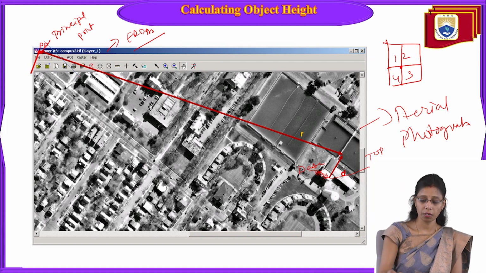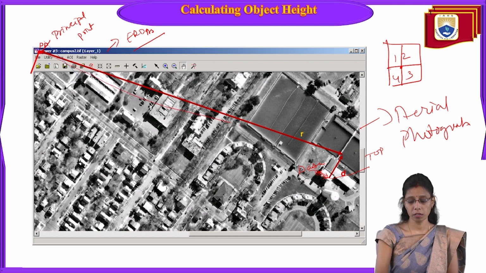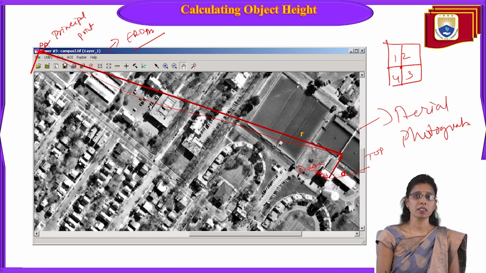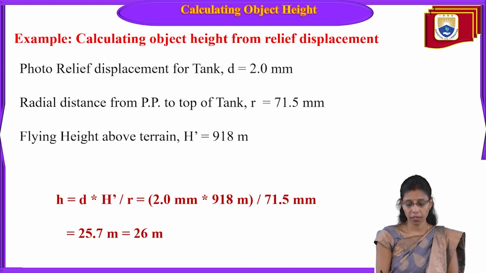And later, you have to measure the distance from PP to the object, whichever object we are going to measure. So PP to the object, how much is the distance, and top to base, how much is the distance. So what we should find out is D, the relief displacement, and the radial distance from the principal point to the object.